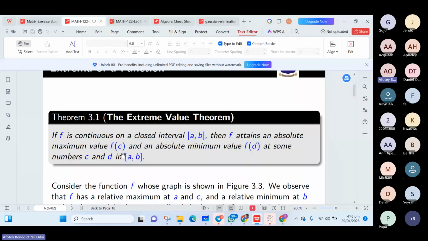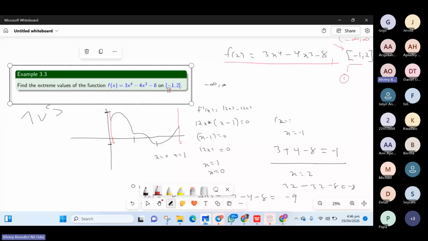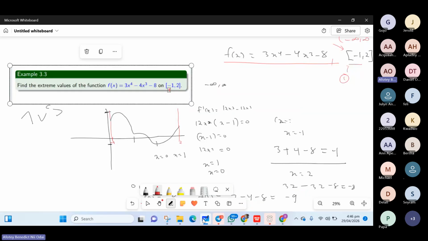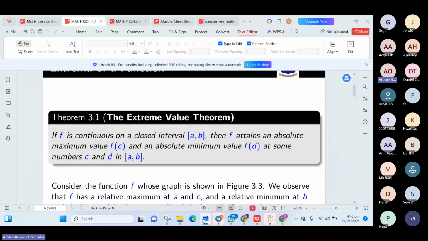Since the function f of x is closed on the interval -1 to 2, then f attains an absolute maximum and an absolute minimum.